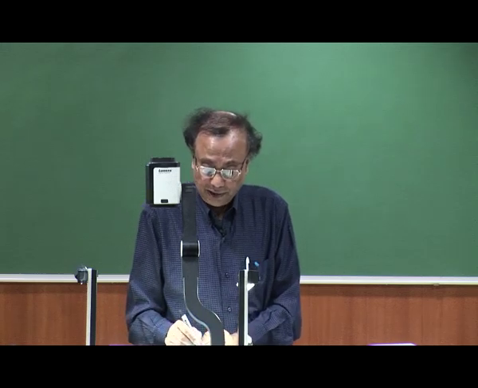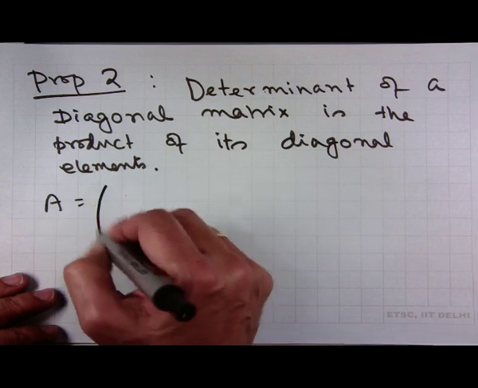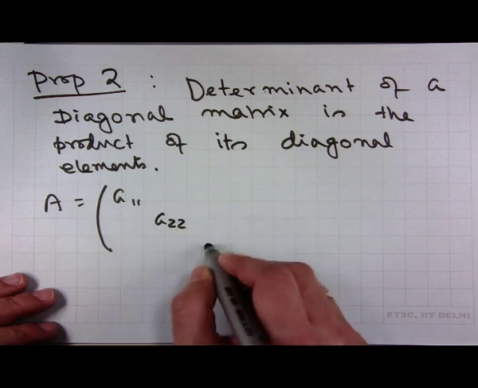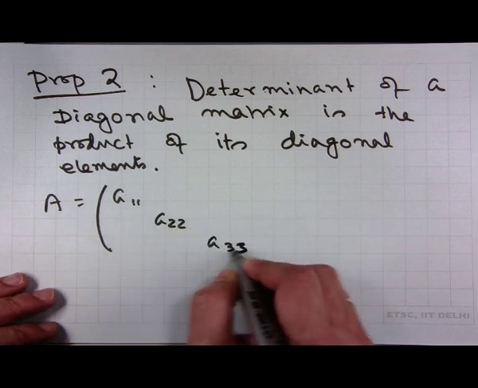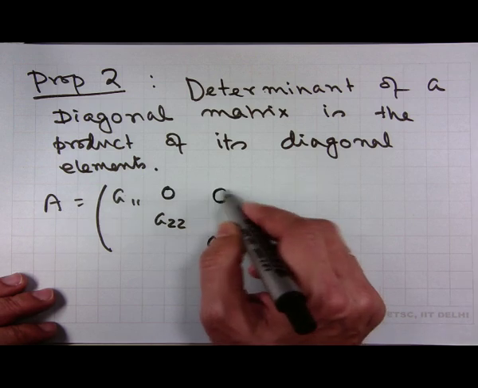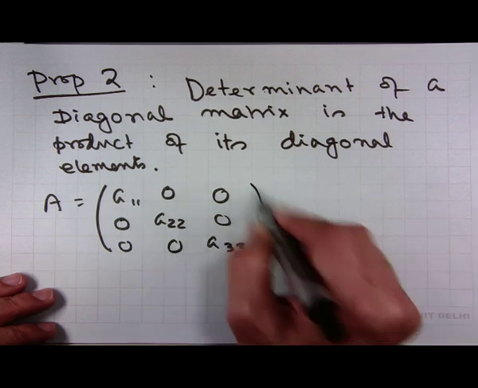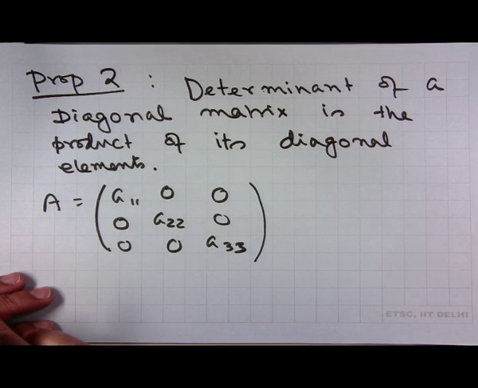So, let us consider A is equal to a11, a22, a33 and the other elements are all zeros, because it is a diagonal matrix.